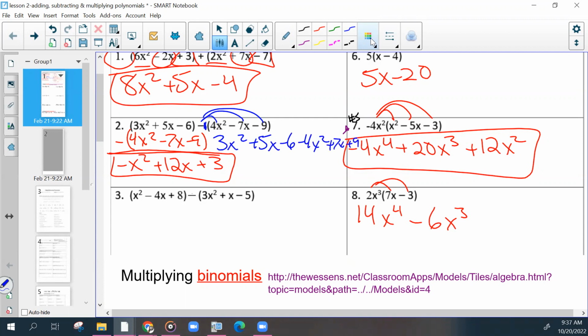And then just combine your like terms in order. You would get the same thing as long as you distribute your negative correctly. So whichever one makes more sense to you, distribute the negative and then combine like terms, or move it so that you're subtracting vertically and then keep the negative in mind, either or.